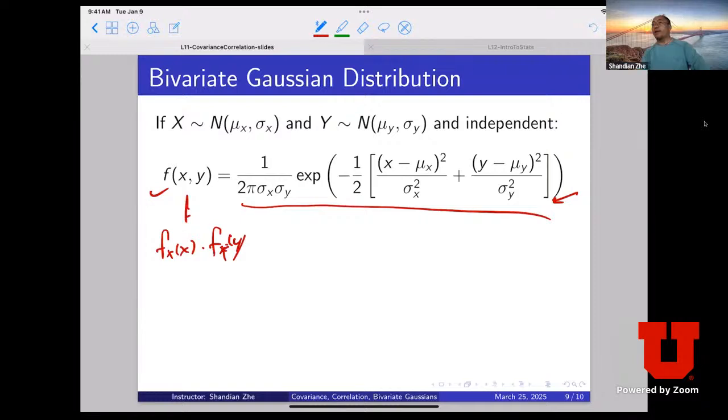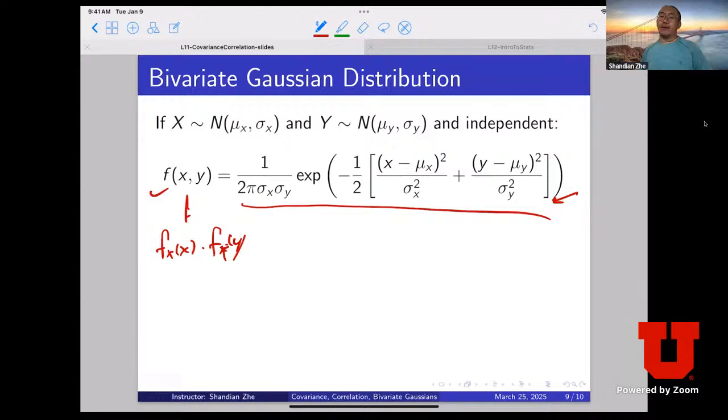However, what if x and y are dependent? They're not independent. Then what does their joint density function look like? As we previously mentioned, if x and y are independent, then their covariance must be 0, and accordingly the correlation coefficient must be 0.